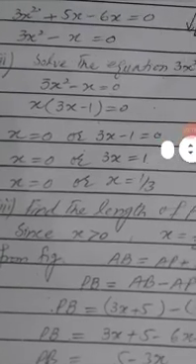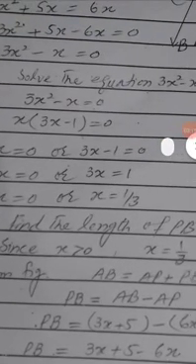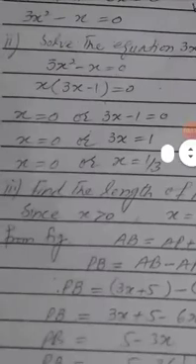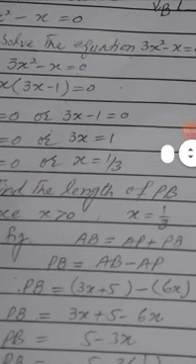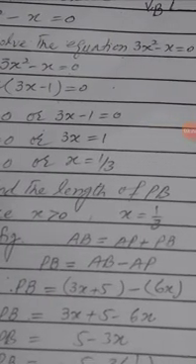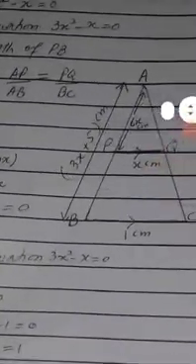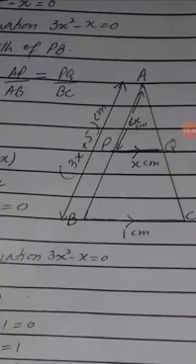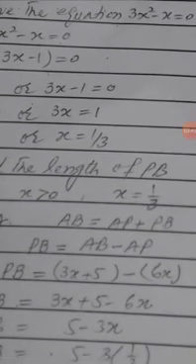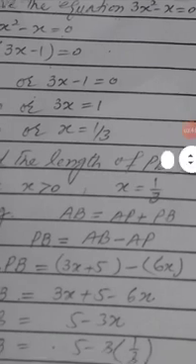Now third part. In third part we will find the length of PB. Since x is greater than 0, we will take x is equal to 1 by 3. From figure, AB is equal to AP plus PB, and PB is equal to AB minus AP.